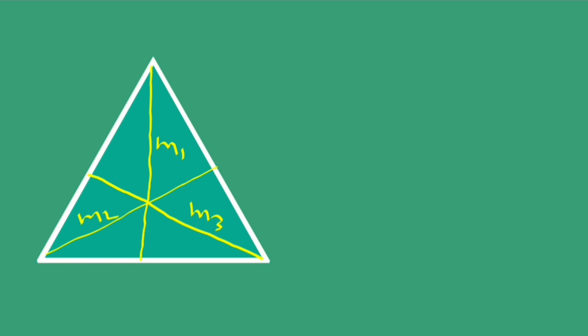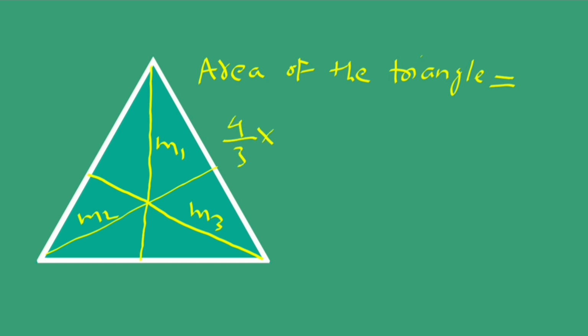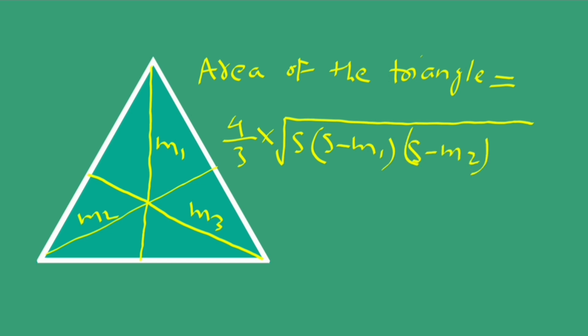Now the area of the triangle is equals to 4 by 3 into square root of s into s minus m1 into s minus m2 into s minus m3.